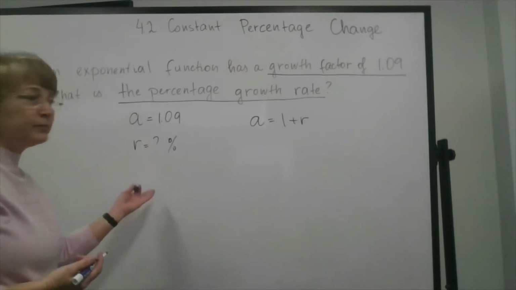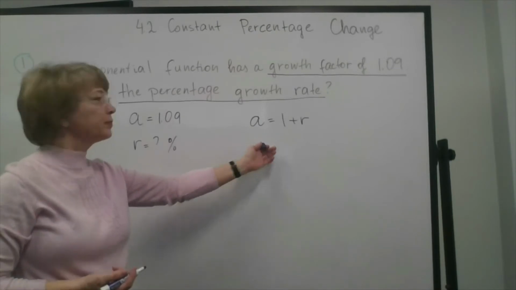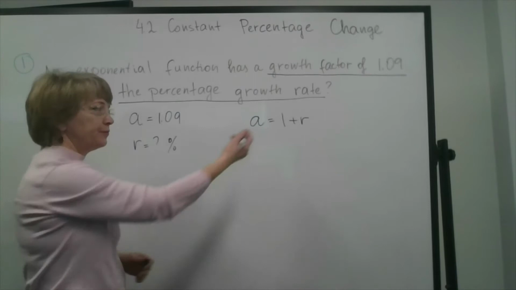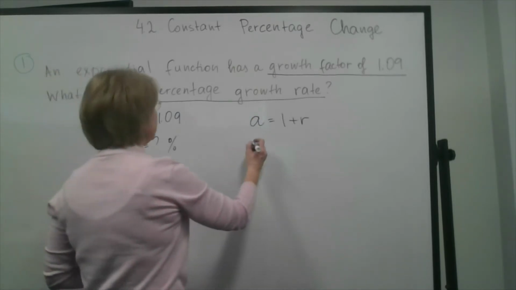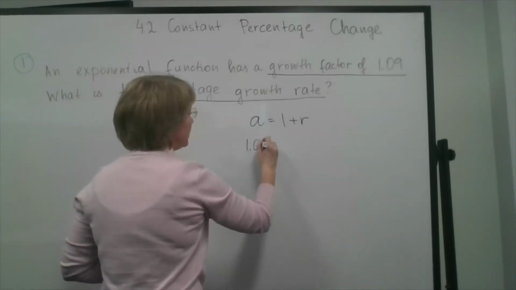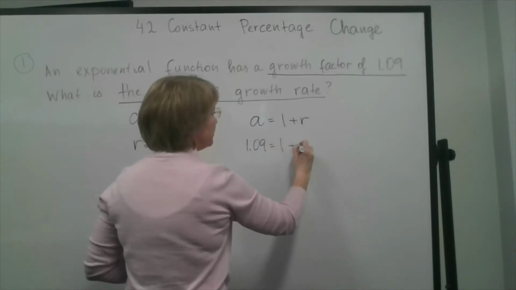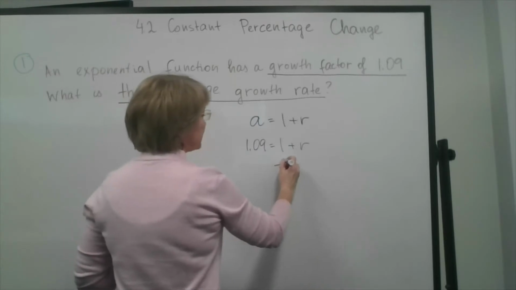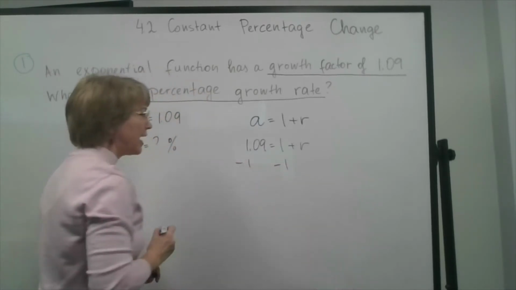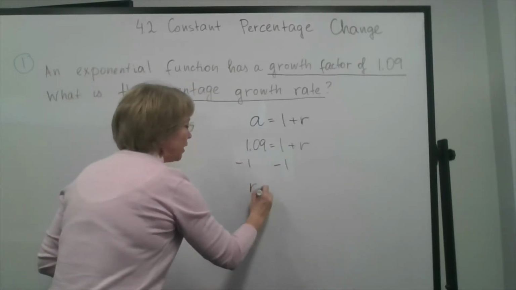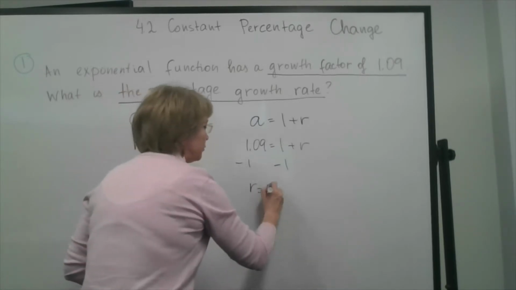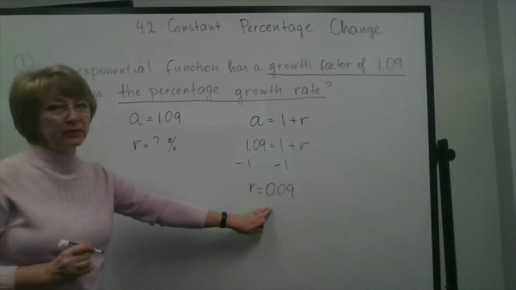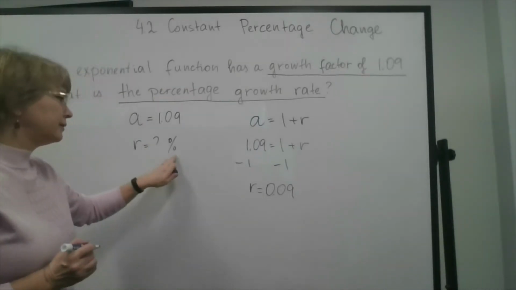How will we do it? We know the formula already. We will substitute a into this formula, and we will find r. So it will be 1.09 equals 1 plus r, a simple linear equation. We will subtract 1 from both sides, and our r will be 0.09, but this is our decimal, and we want a percent at the end.